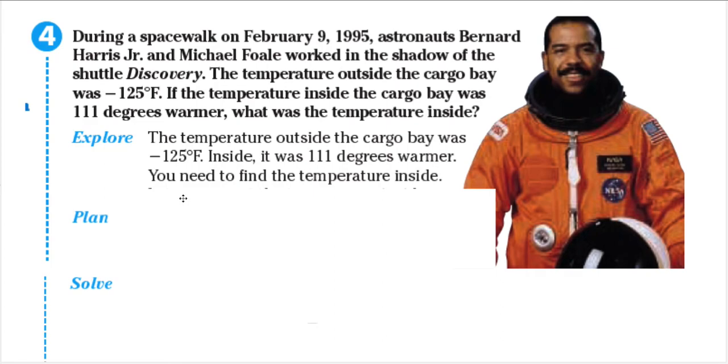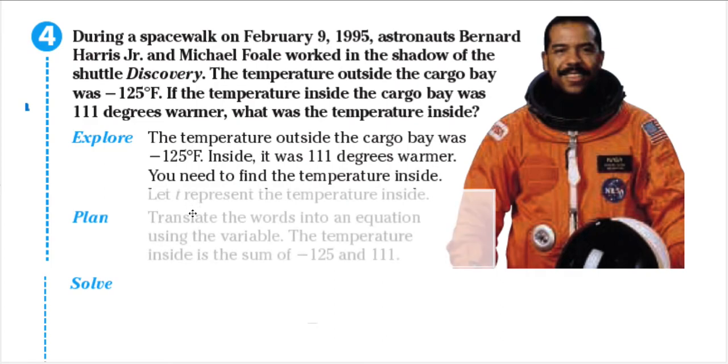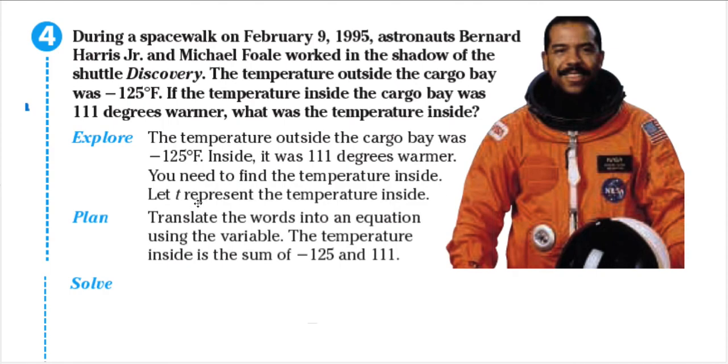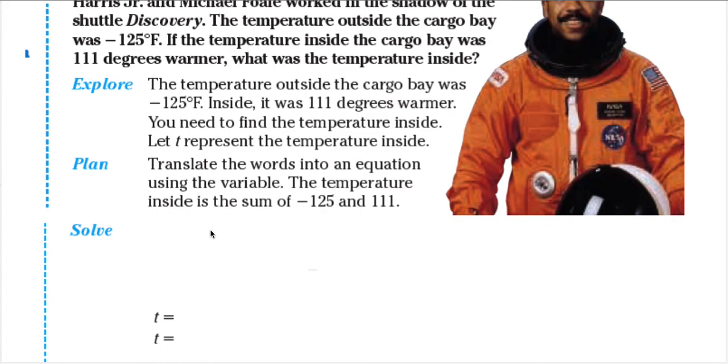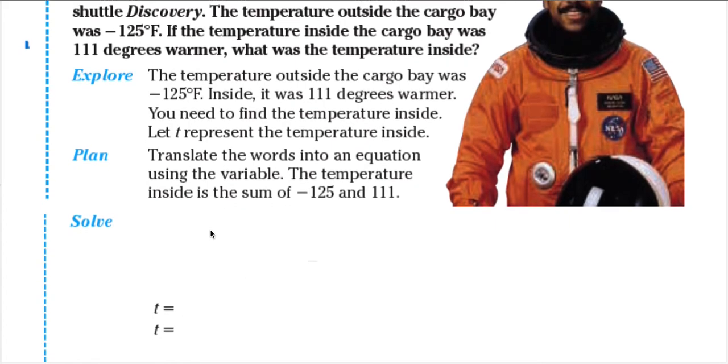Just like any word problem, we need a let statement. So let T represent the temperature inside. Plan: translate the words into an equation using the variable that we just defined. The temperature inside is the sum of negative 125 and 111.